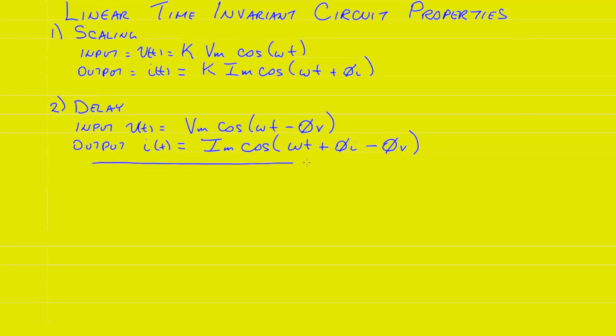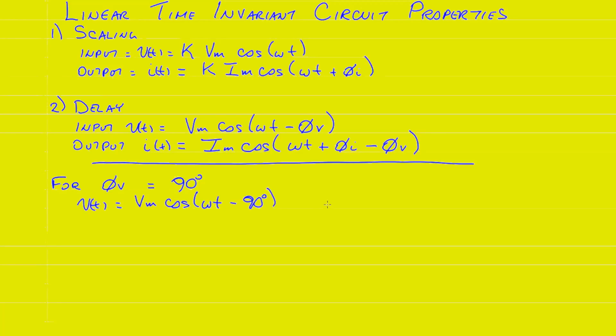I can take those two features and use them to adjust my input. I can have a phase shift of 90 degrees. If I happen to pick phase equal to 90 degrees, then V of t will be equal to Vm cos omega t minus 90 degrees, and I of t will be equal to Im cos omega t plus whatever phase shift I had minus 90 degrees.